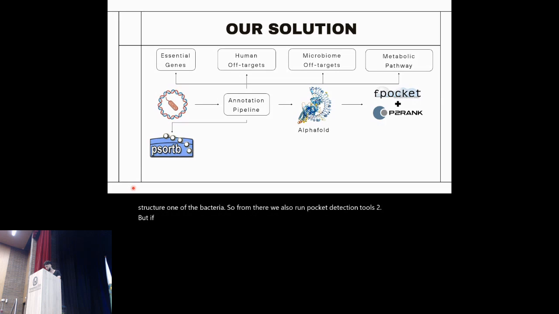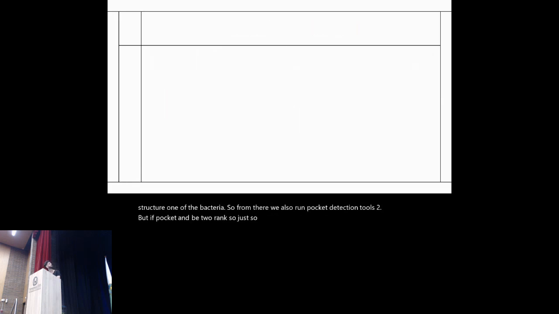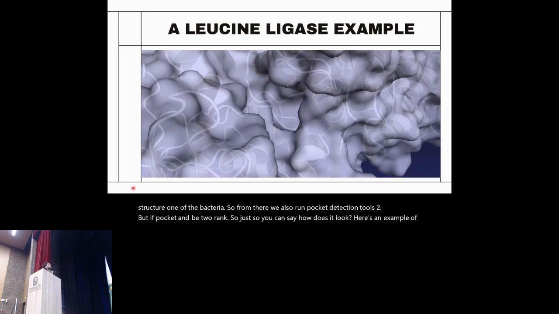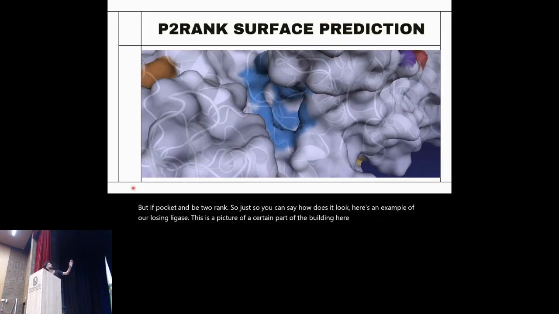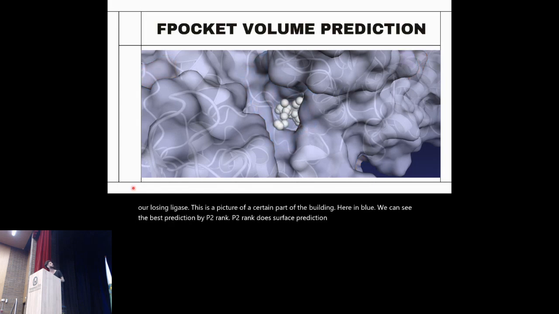So just so you can see how it looks, here's an example of a leucine ligase. This is a picture of a certain part of the protein. Here in blue, we can see the best prediction by P2Rank. P2Rank does a surface prediction, and fpocket does a volume prediction.